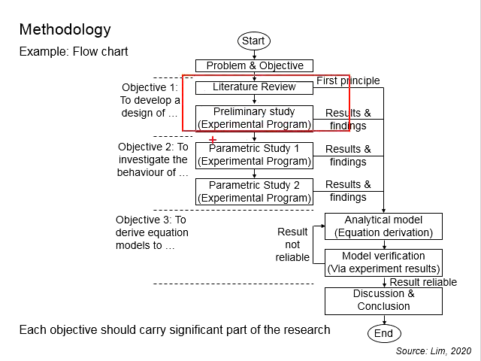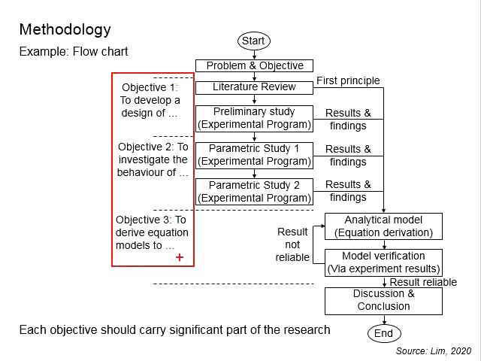It carries a significant portion in terms of the stages of the research, where there is a complete set of methods, analysis and results for every single objective. And the second part is that those objectives cannot simply be omitted.